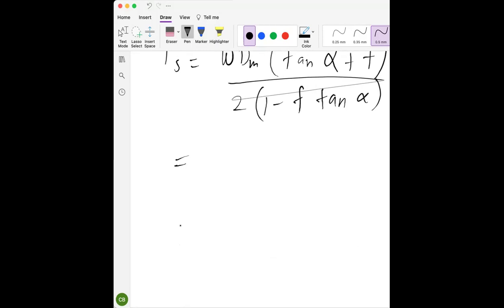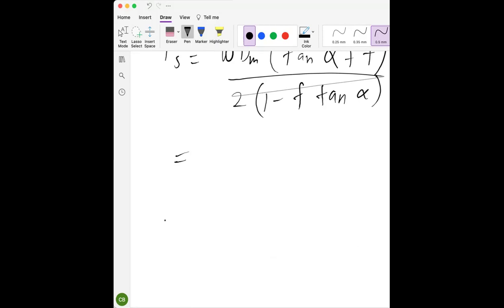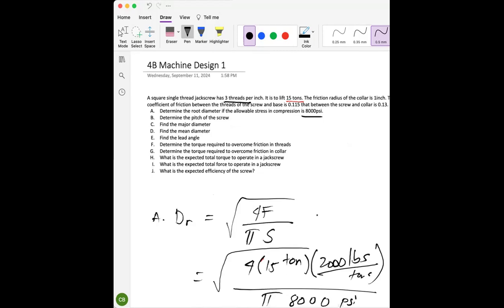Next would be the torque required to overcome friction in the collar. So you have FC multiplied by the weight multiplied by RF. FC for the collar would be this one, 0.13.